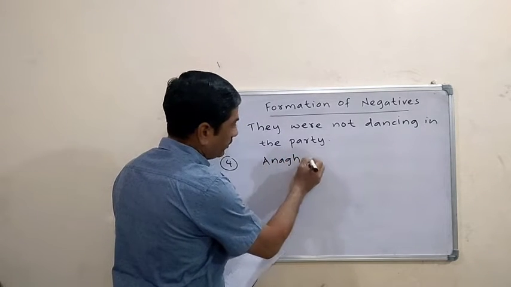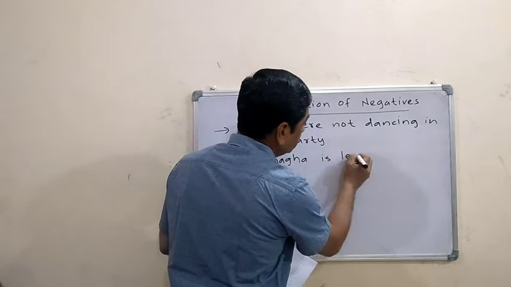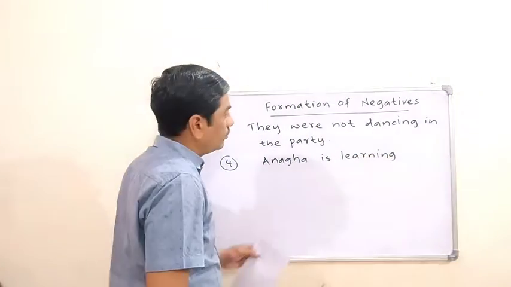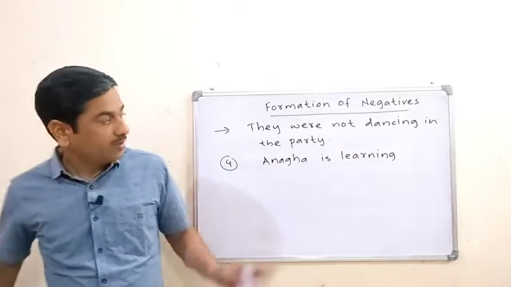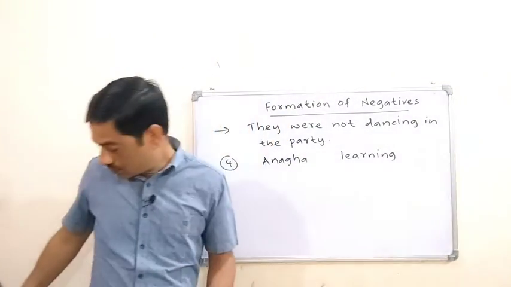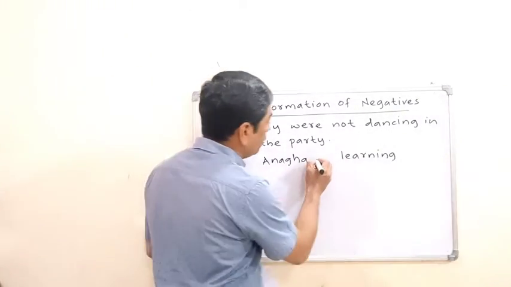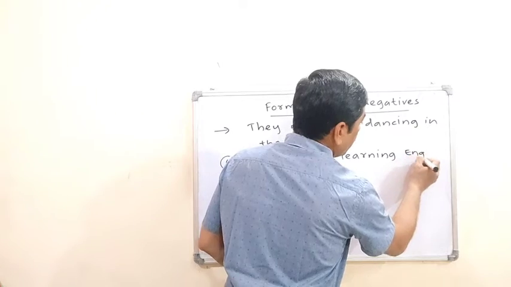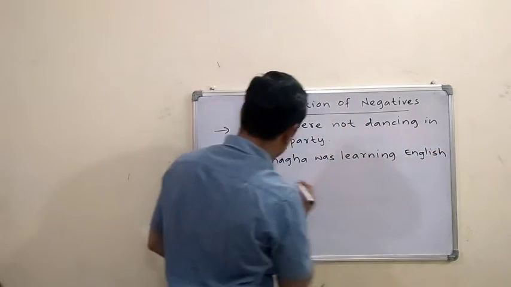Anagha is learning. So I think we have taken two sentences of is. So in place of is, we will take another auxiliary verb. Anagha was learning English grammar.